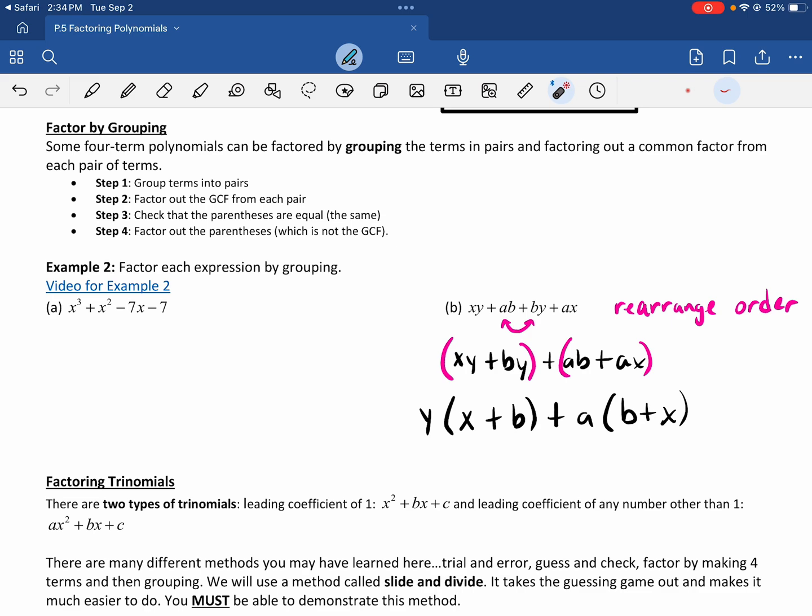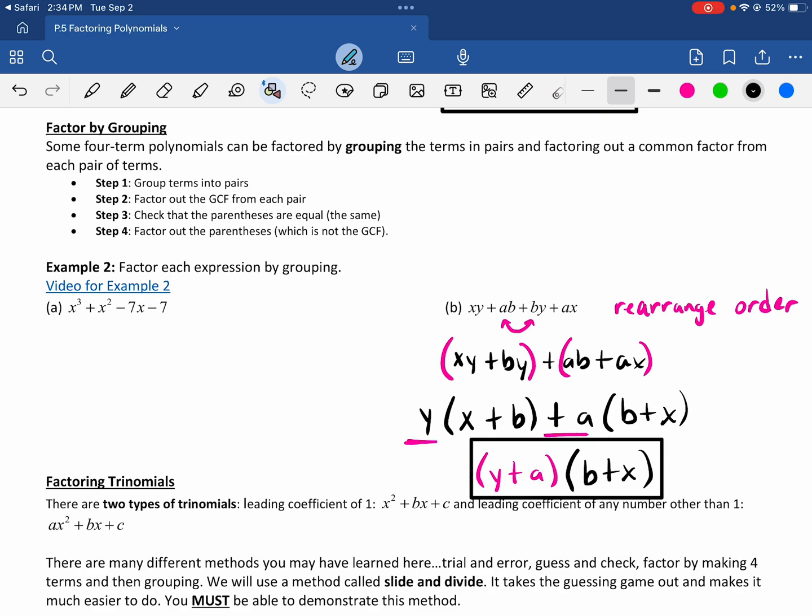So then we take what was the GCF of each group, so y and then plus a, and that's going to be our first factor, y plus a. And then that one that repeated, we will write it one time behind that first factor. So we have y plus a and b plus x, or x plus b. It doesn't really matter which order that you write it there.